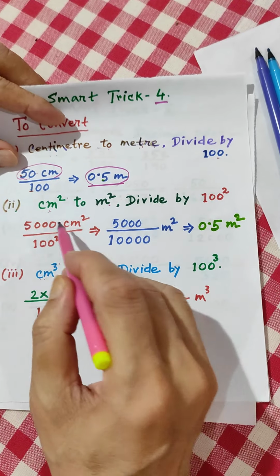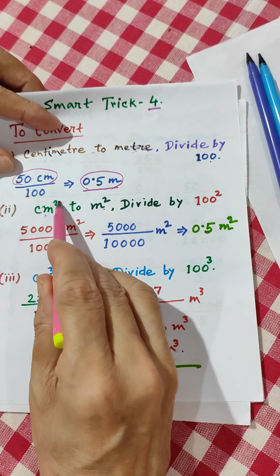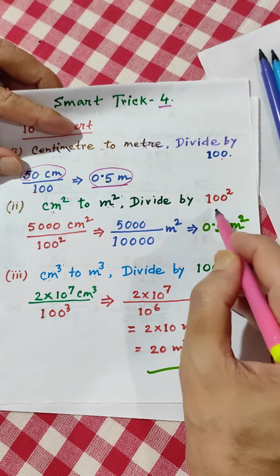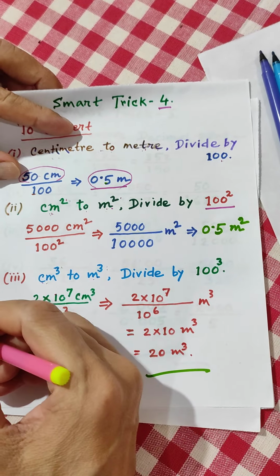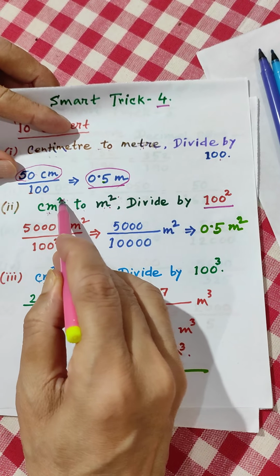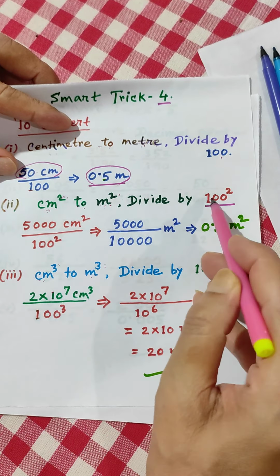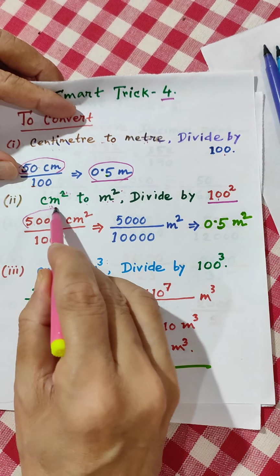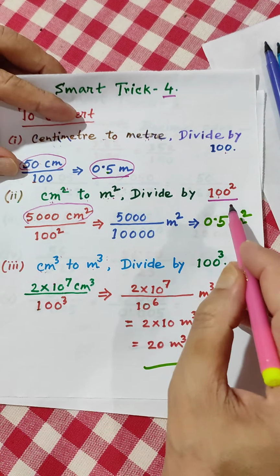Now you want to convert centimeter square to meter square. How to convert? Divide by 100 square. Suppose 5000 centimeter square, you want to convert to meter square.